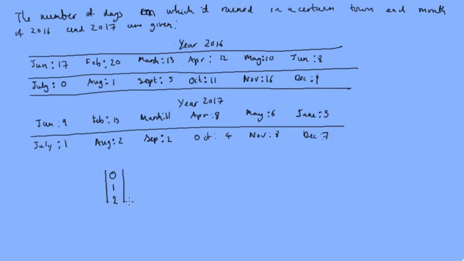And we could do 20 days of rain here, and this will be 2016, and this will be 2017.